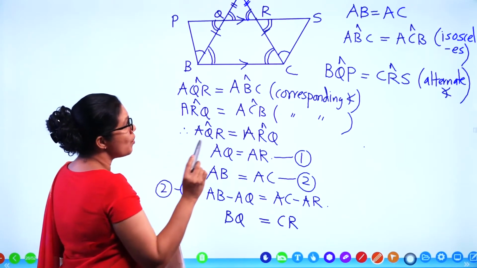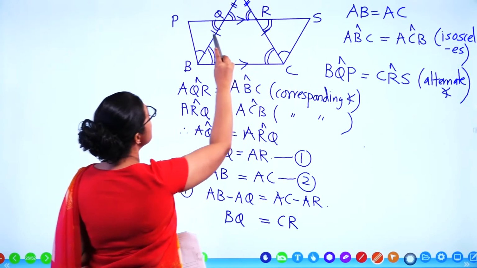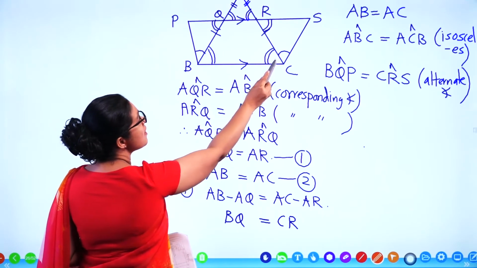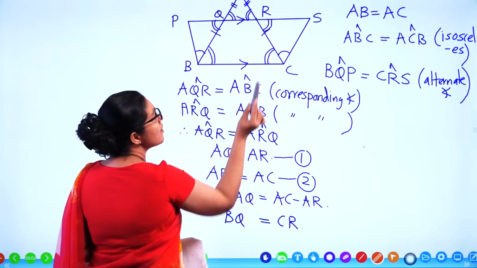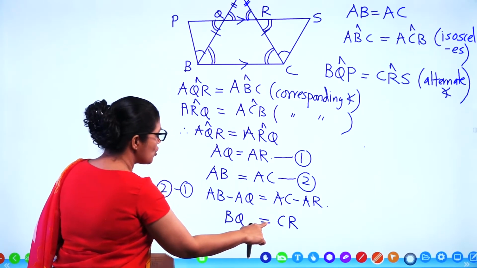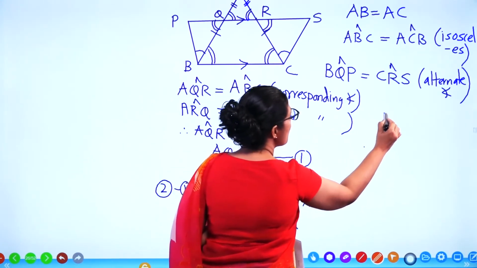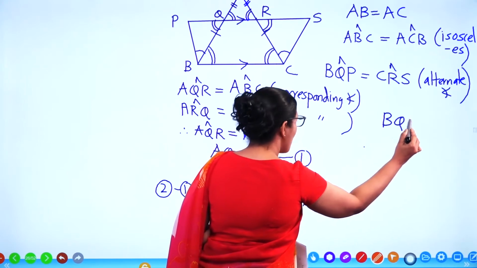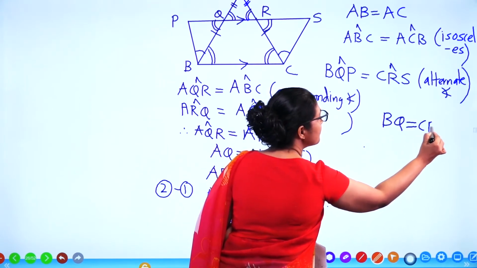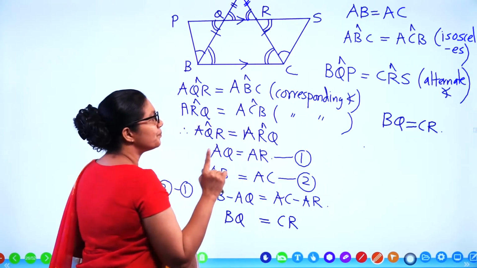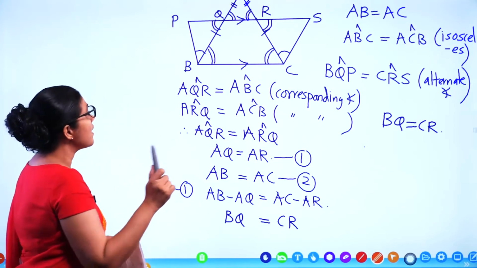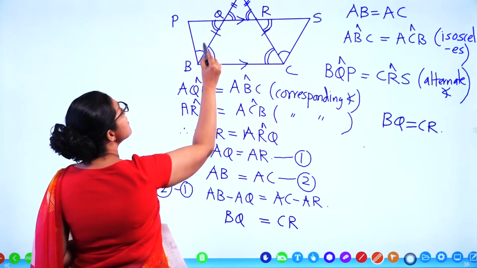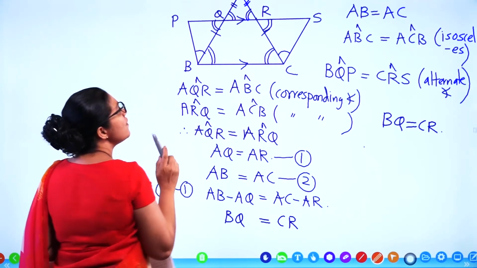So we have two angles. So ABC, this angle is equal to this one and this angle is equal to this one. So we need this information as well. BQ is equal to CR. So what can you say? One length and two angles. One length and two angles means this is congruent to this triangle.